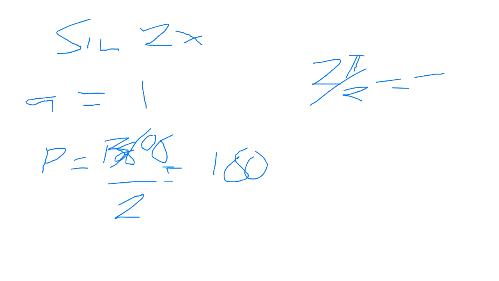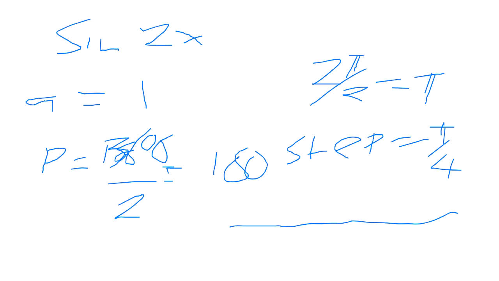But you also need your step. Your step will be pi over 4. So when I'm drawing my graph, I know that my first point will be 0. My second point will be pi over 4.